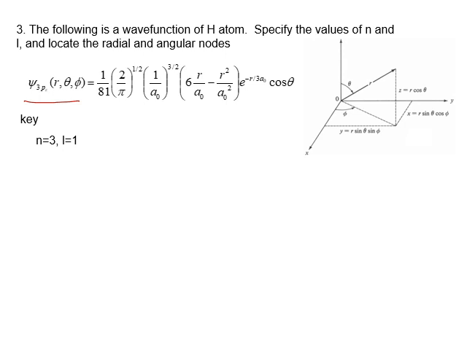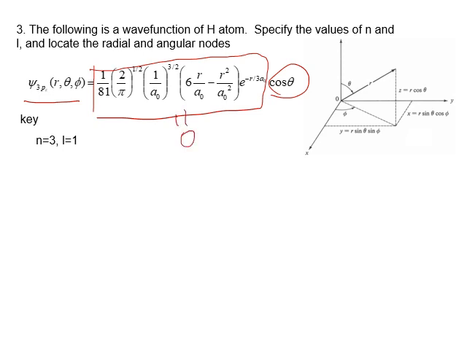Locate the radial and angular nodes. This is a complete wave function that includes the radial wave function, which is a function of distance, and the angular wave function, which is a function of angles. Here it is only theta. To find the radial node, we let this function be 0.